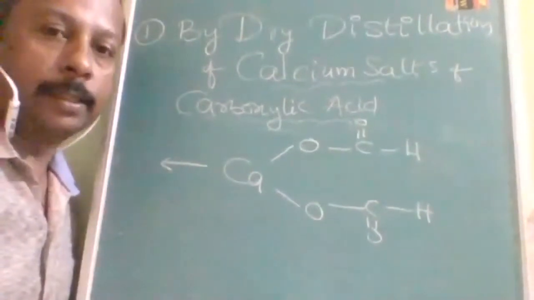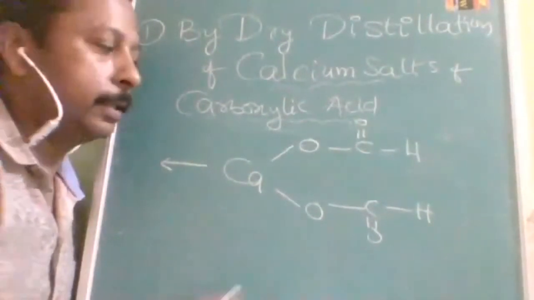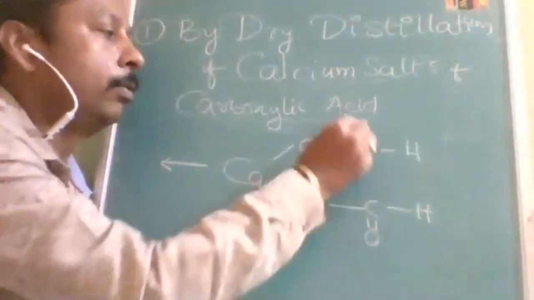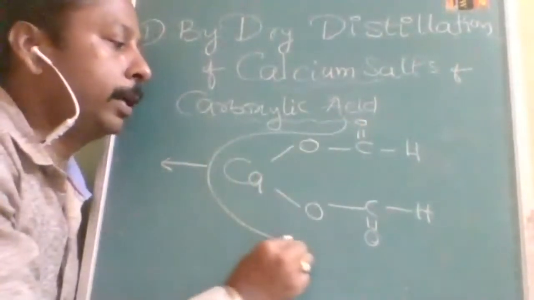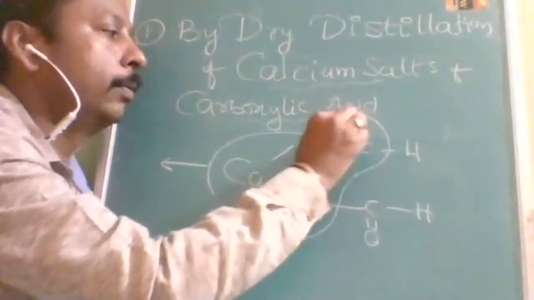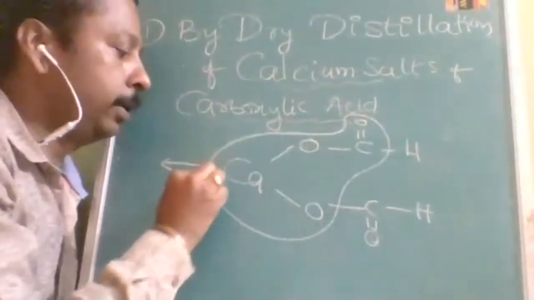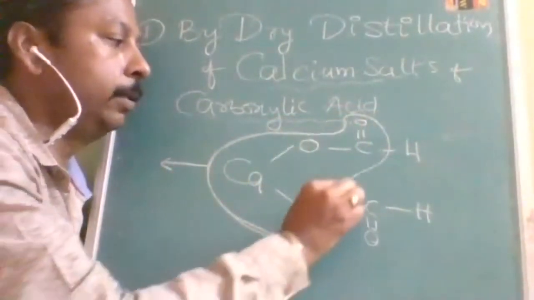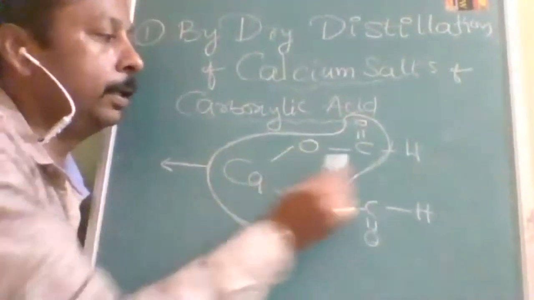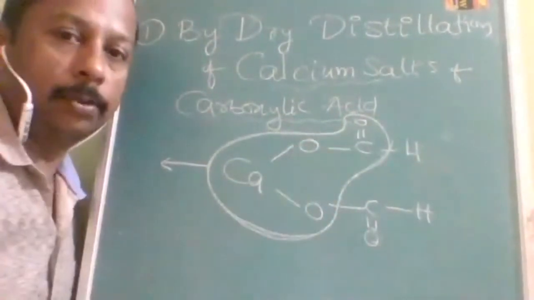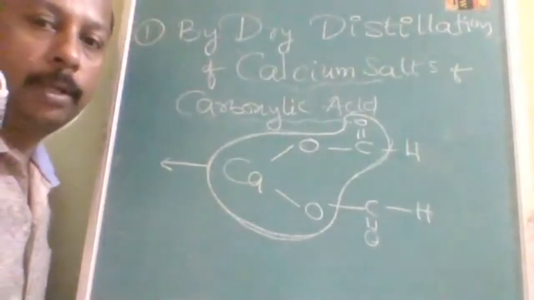When it is dry distilled, as a shortcut method, you have to eliminate calcium carbonate, CaCO3, one C and 3 oxygen. It is only a memory technique.